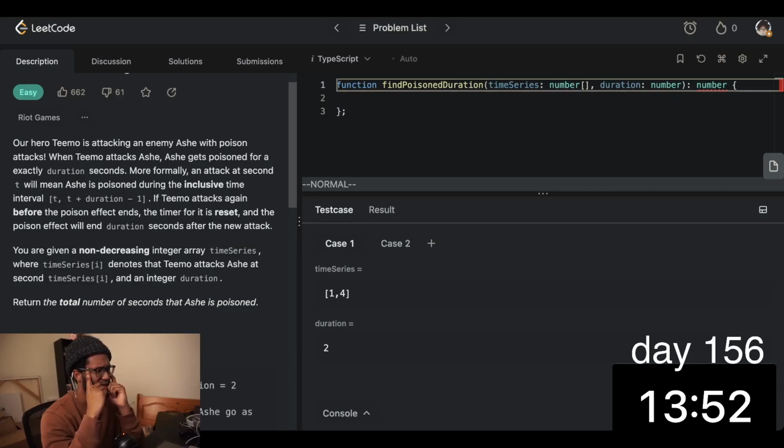More formally, an attack at second T will mean that Ashe is poisoned during the inclusive interval T to T plus duration minus 1. And the poison effect will end duration seconds after.